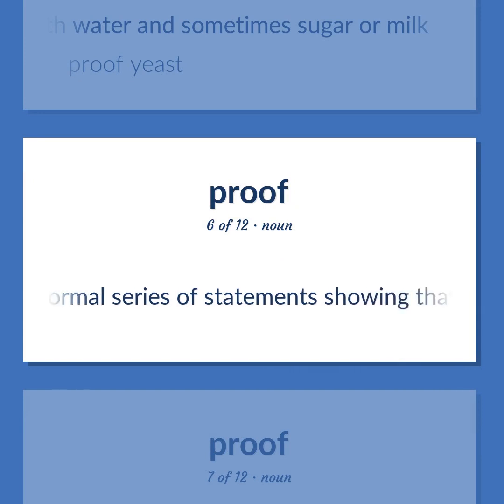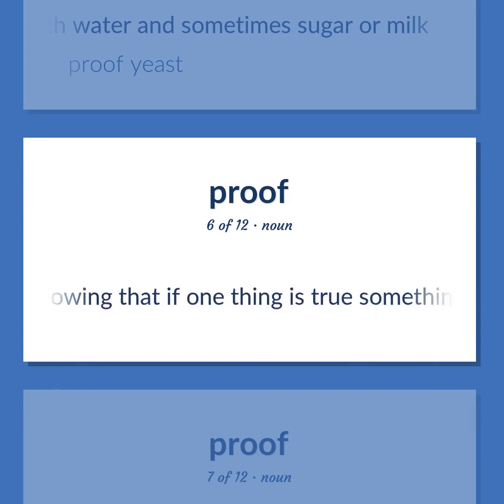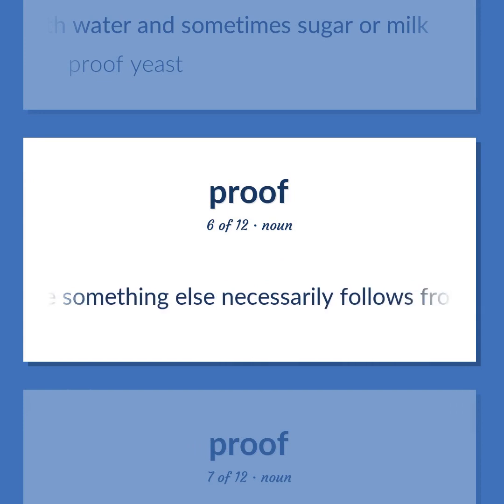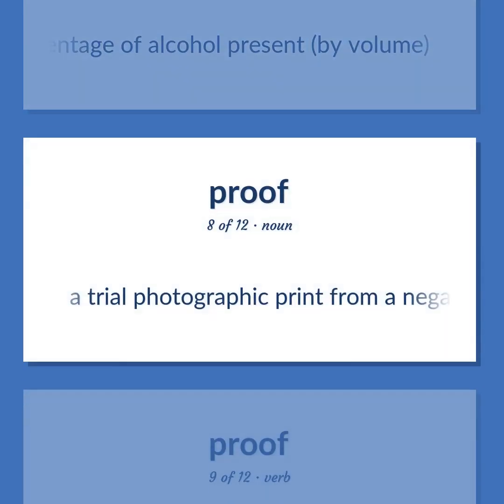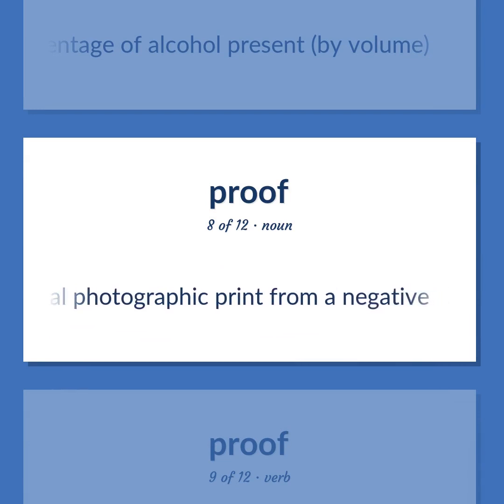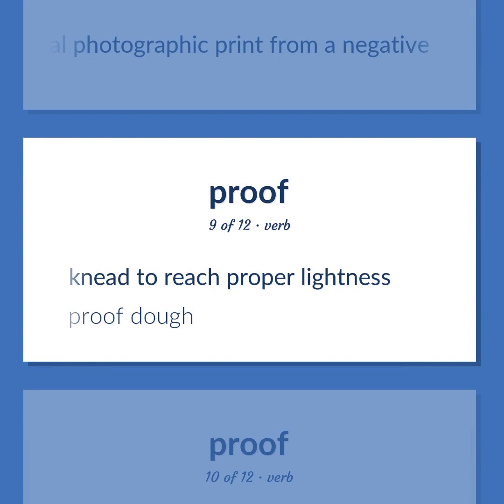A formal series of statements showing that if one thing is true, something else necessarily follows from it. A measure of alcoholic strength expressed as an integer twice the percentage of alcohol present, by volume. A trial photographic print from a negative. Need to reach proper lightness.